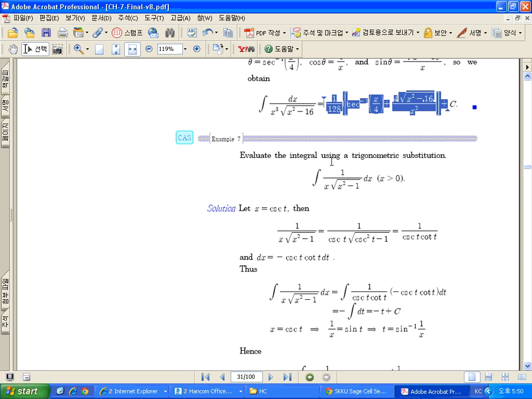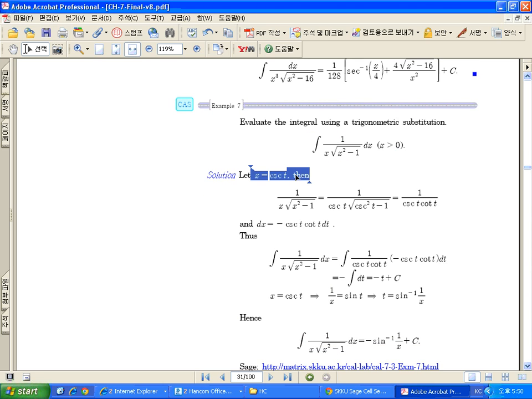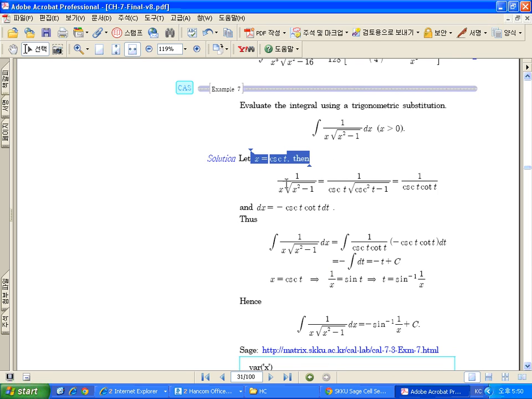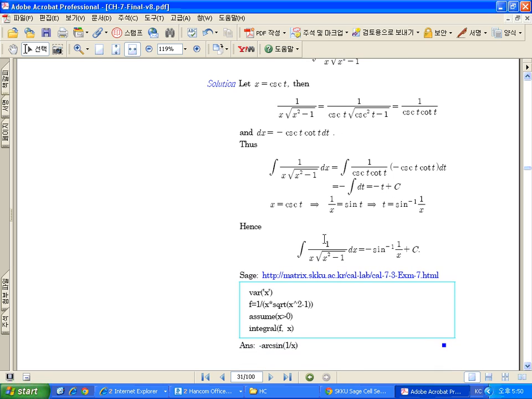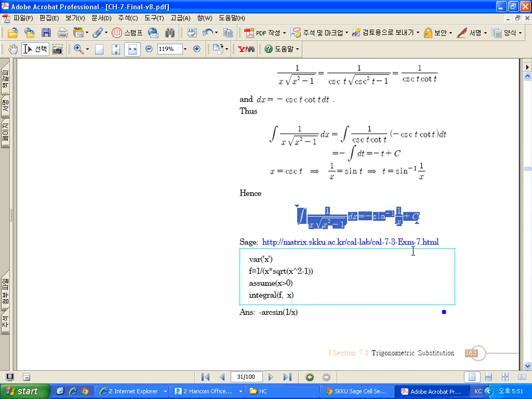Evaluate the integral using a trigonometric substitution like this, which exhibits the cosecant. Then this original integral can be simplified in this way. Then the integration part works very well on it to give you this.